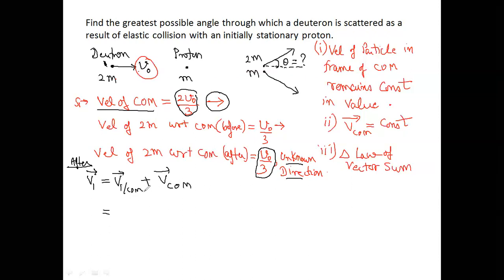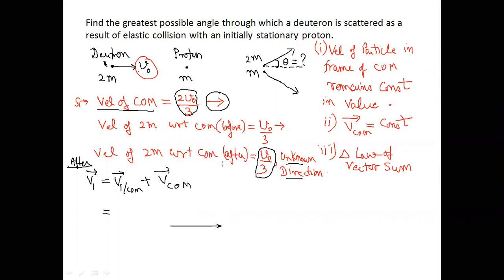So you are going to add two vectors where one is completely known and the second is unknown in its direction but known in magnitude. So we have to guess the directions also. My first vector will be VCOM, and because I know its direction, it will be in the right side direction.